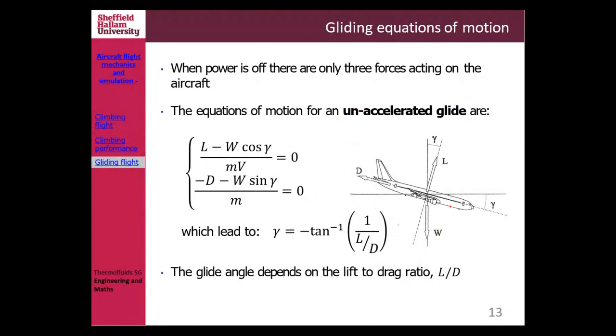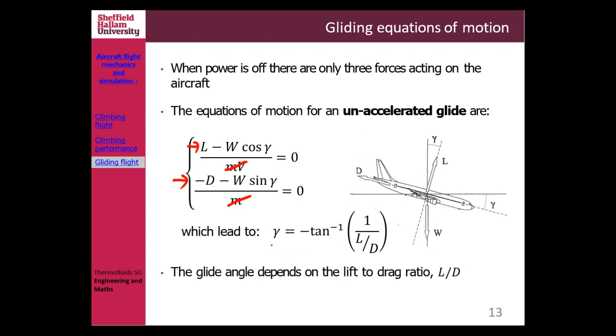Right, so what about glide then? Well, glide is simply making your thrust equal to 0, then your equations before become simply like that. Then if you look at that, which is equal to 0, you don't need to consider it because it's going to be 0 anyway. Then you only look at the upper equation.